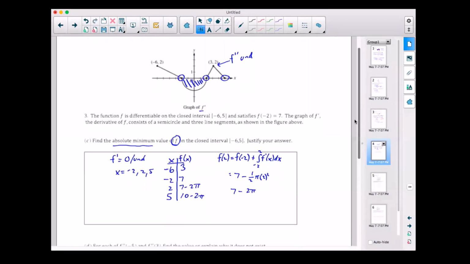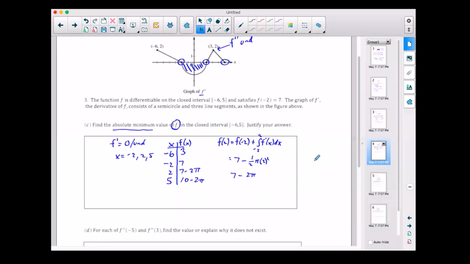So this is our table of values, and we're trying to answer the question by finding the absolute minimum, right? Well, we're looking for the smallest value. Clearly 7 is bigger than 3, but then we have these other values that we're not as comfortable with. How do you know which one's the biggest or smallest? Well, we're going to ballpark it because this is a non-calculator question.